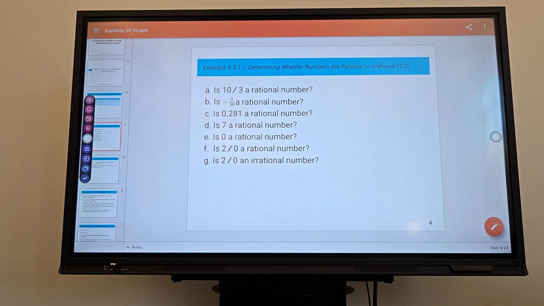Is 0 a rational number? Yeah, it's 0 over 1, which would be integers. Is 2 over 0 rational? No, because the denominator can't be equal to 0. Is 2 over 0 an irrational number? Because it's not rational, yeah.